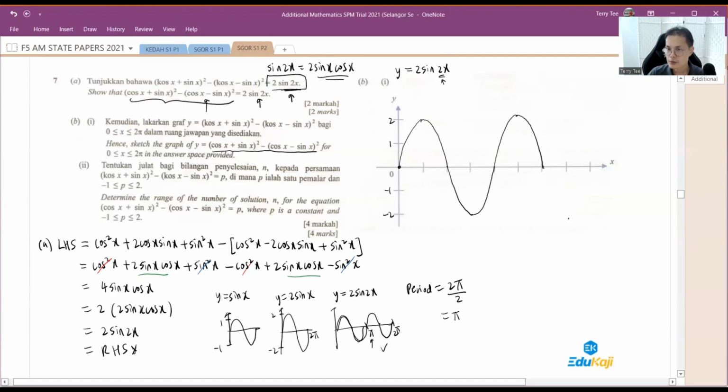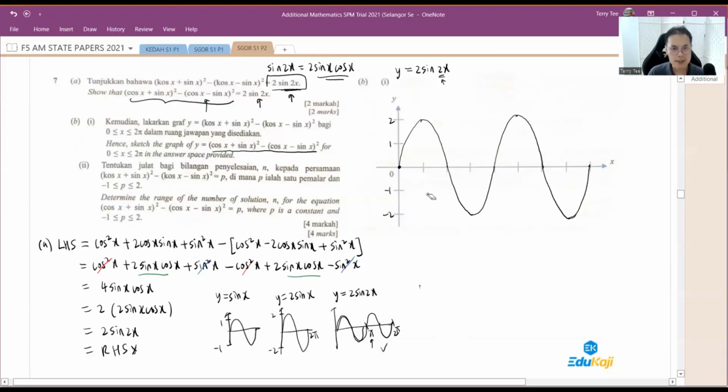Better. This one goes down. I think it's all right. So now I've got my 2 sine 2x graph done.